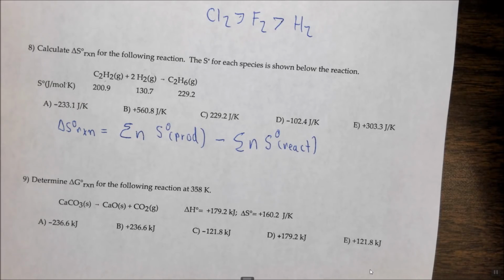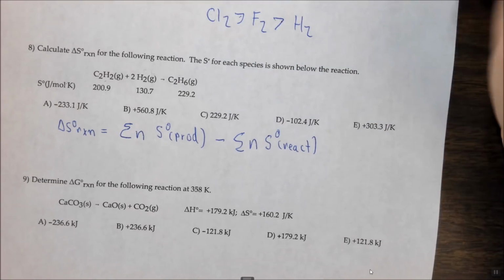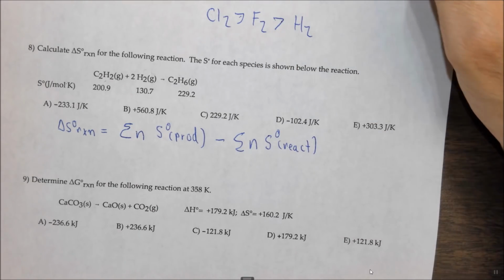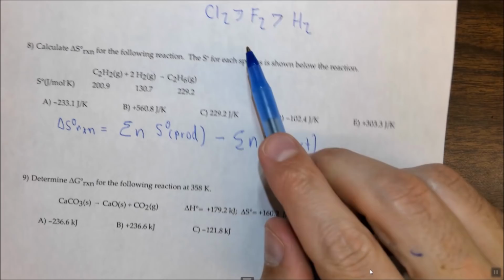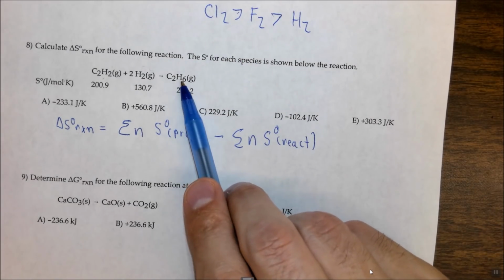So here's what we need to do. We need to plug in these standard entropies multiplied by the number of moles. So the first thing is the product, C2H6 ethane.